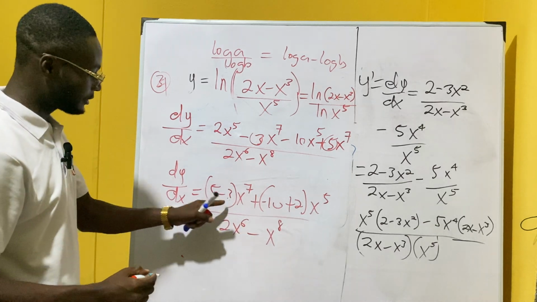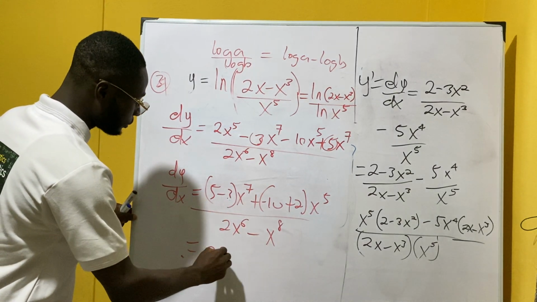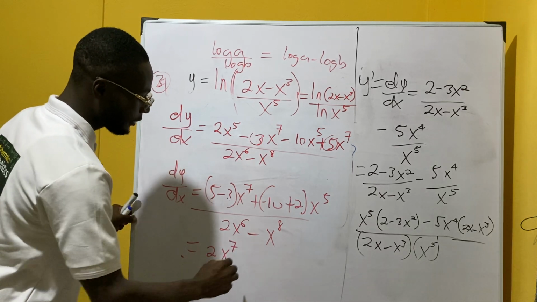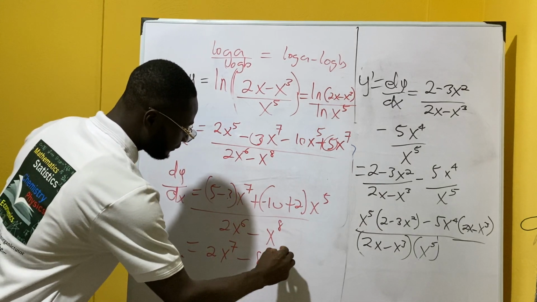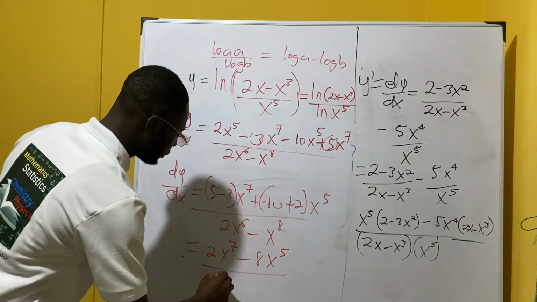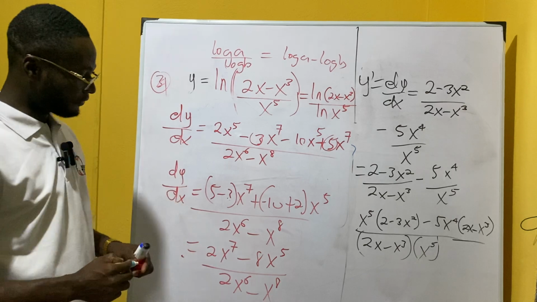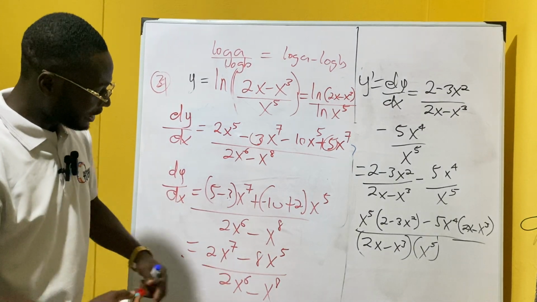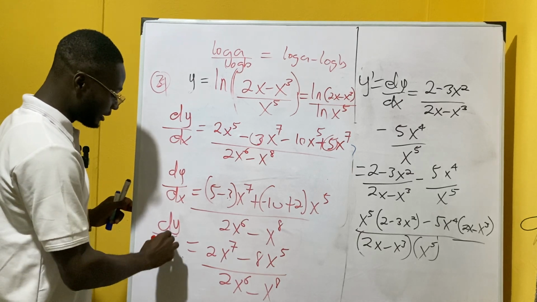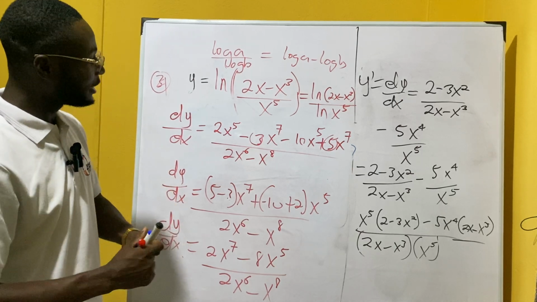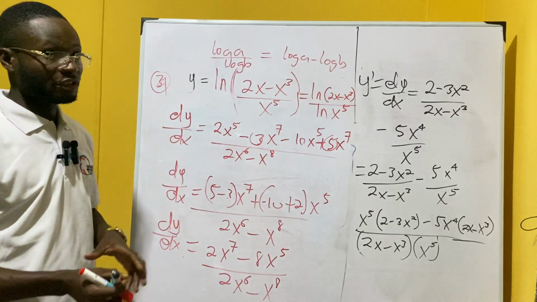So we can work on this operation, and we have (2x to the 7 minus 8x to the 5) all over (2x to the 6 minus x to the 8). And this can be our final answer because we have nothing to do with it again. So this is our first derivative of this particular function.